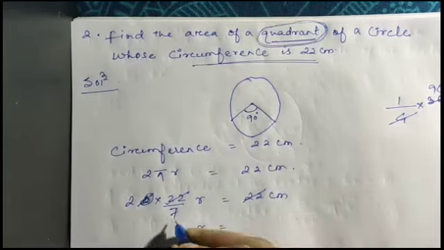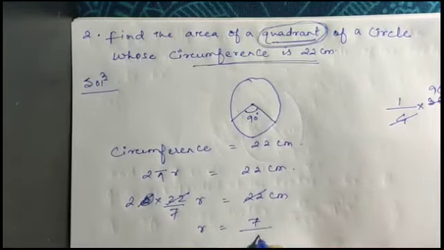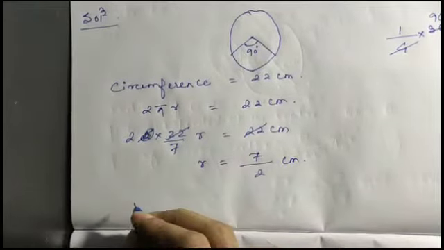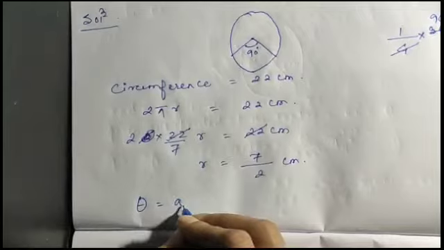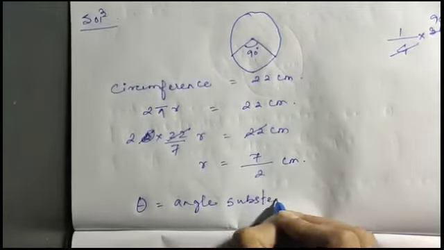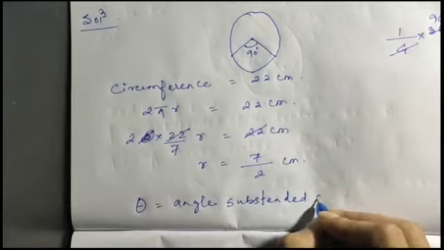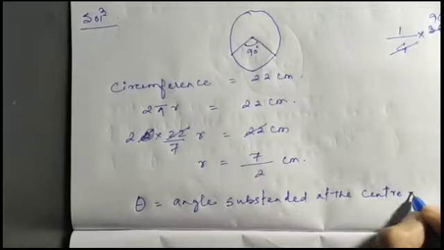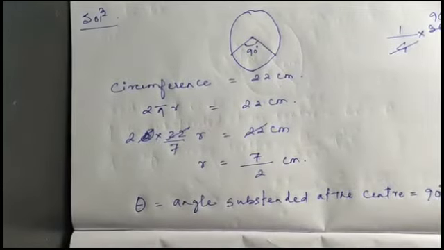Radius is equal to 7 by 2 centimeter. Done. So this is the radius, and theta equal to the angle subtended at the center is given here as 90 degree, right?